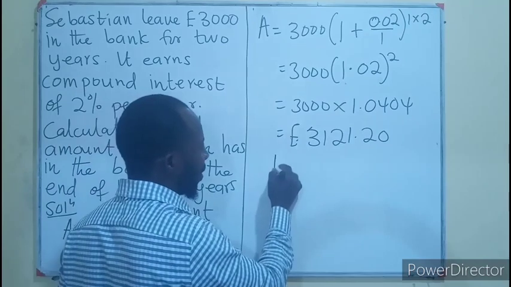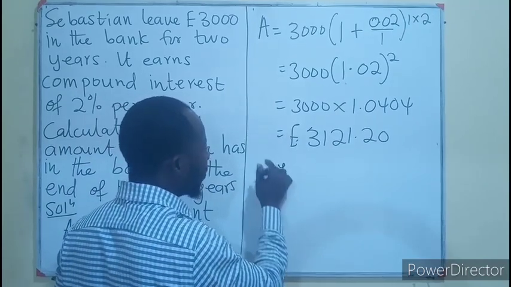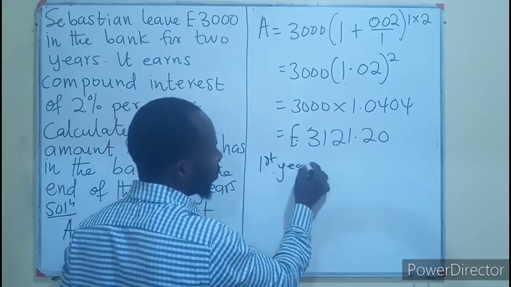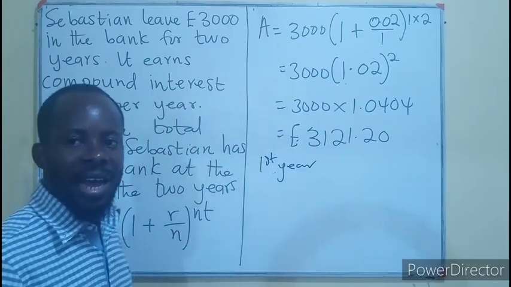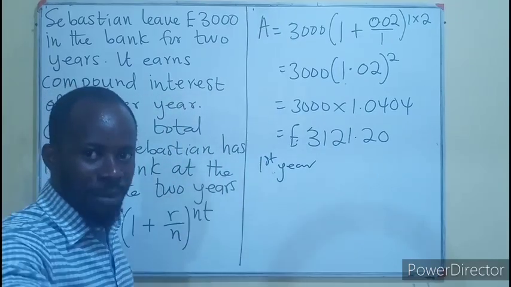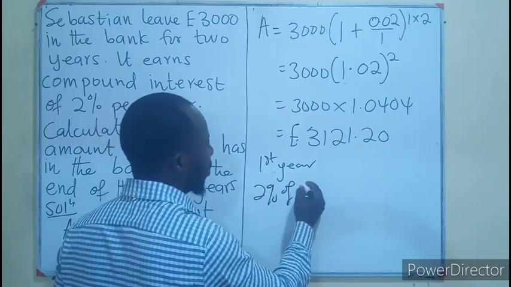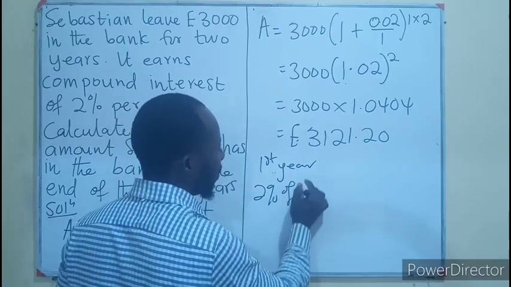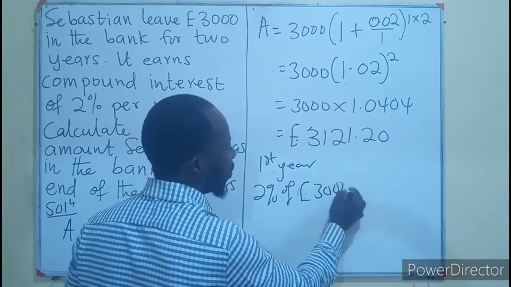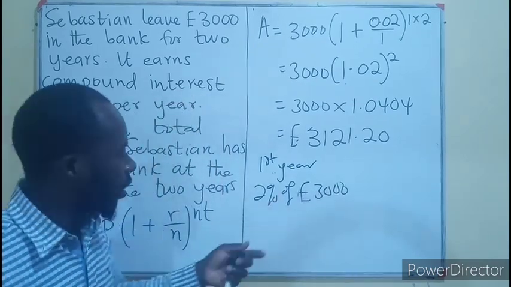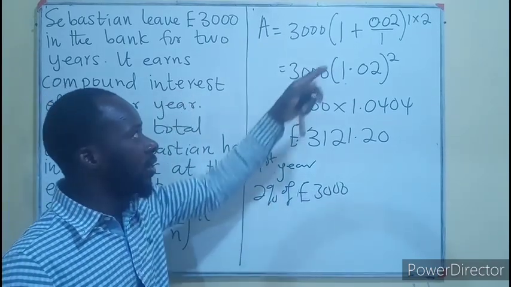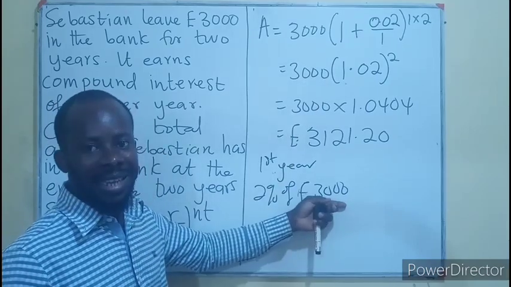Or you can say that in the first year, the compound interest, that's the interest on the money, is going to be 2% of what? 3,000. 2% of that is 0.02 times 3,000.